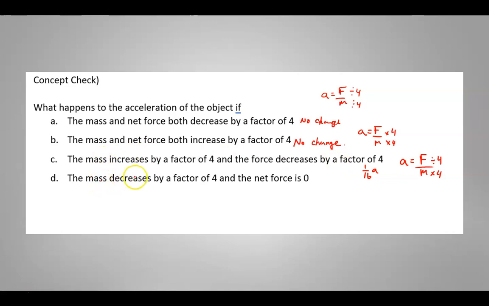Well, what happens if the mass decreases by a factor of 4 and the net force is 0? Well, if the force is equal to 0, it doesn't matter what the mass is. Assuming it's not 0, there's going to be no acceleration on the object. No acceleration, meaning a constant velocity or uniform motion.